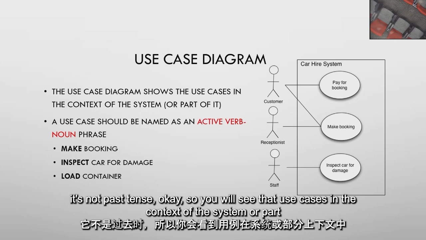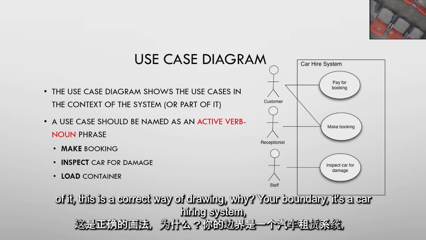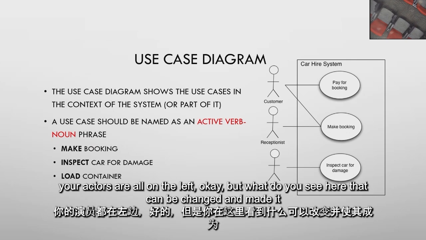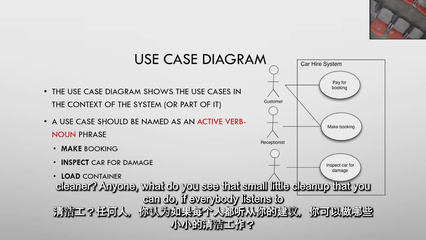So, you will see that use cases in the context of the system or part of it, this is a correct way of drawing. Why? Your boundary, it's a car hiring system. Your actors are all on the left. Okay, but what do you see here that can be changed and made cleaner? Anyone? What do you see that's a small little cleanup that you can do?